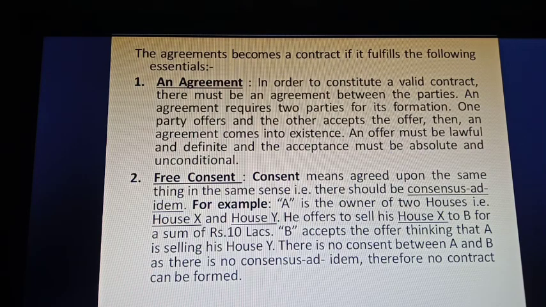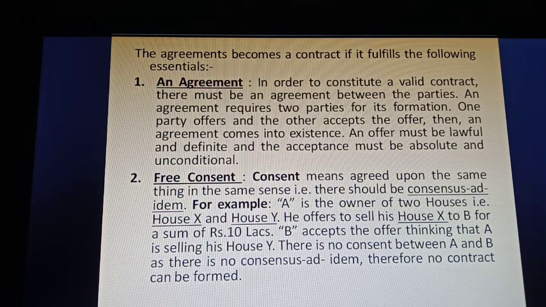For example, A is the owner of two houses, house X and house Y. A offers to sell his house X to B for a sum of rupees 10 lakh. B accepts the offer, but what was he thinking? He was thinking that A is selling his house Y. But what is the reality?